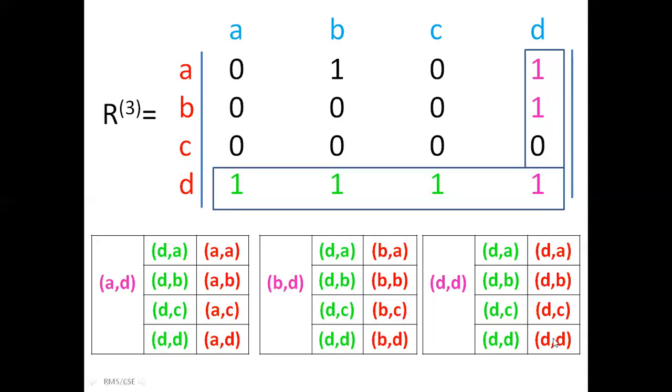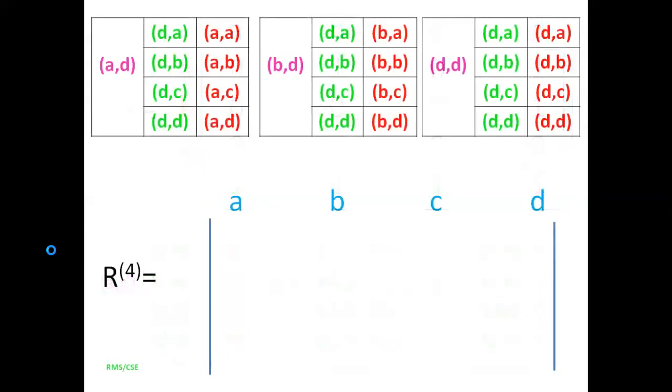I get new transitive edges DA, DB, DC, DD. So now it shows that in R power 4, I get AA, AB, AC, AD, then BA, BB, BC, BD, and DA, DB, DC, DD as 1. So I get the transitive edges in R power 4 like this.